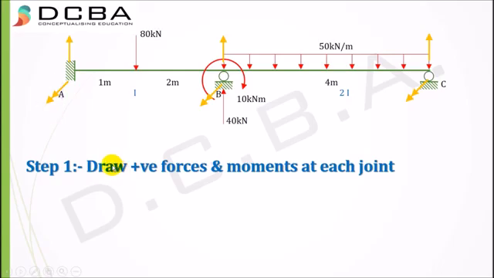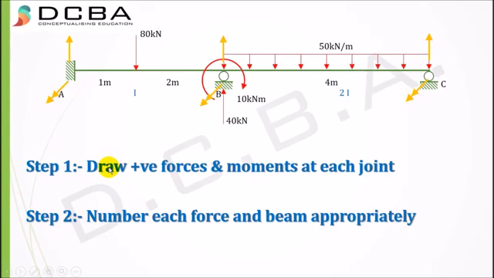Step 2 is to number each force and beam appropriately. Numbering is very important, because the stiffness matrix that you will be using to solve this problem depends upon how the numbering was done while deriving the stiffness matrix itself. If you have seen the video on deriving the stiffness matrix for a beam element, you must have seen that the numbering in the beam element was done with the upward force having the first number and then the moment.